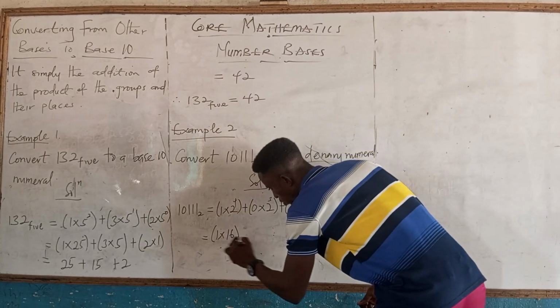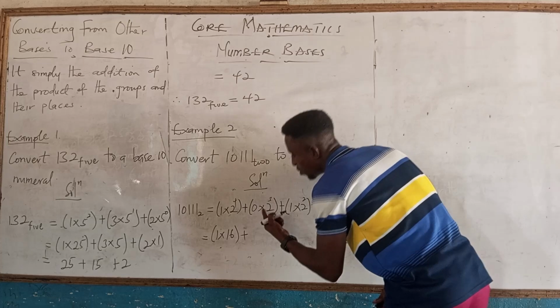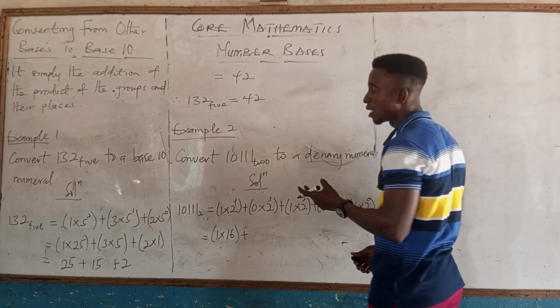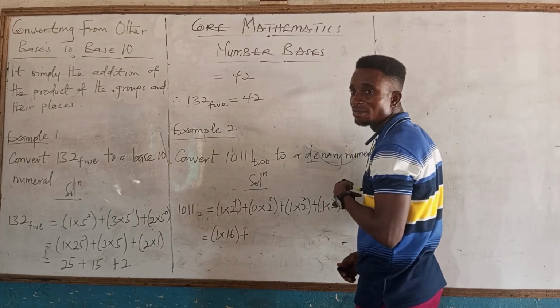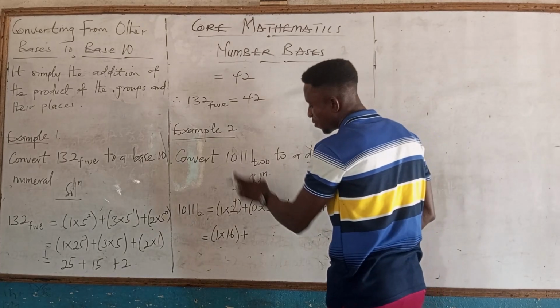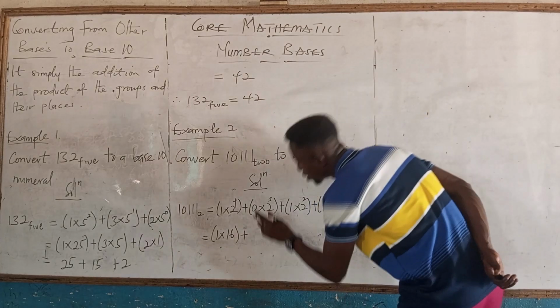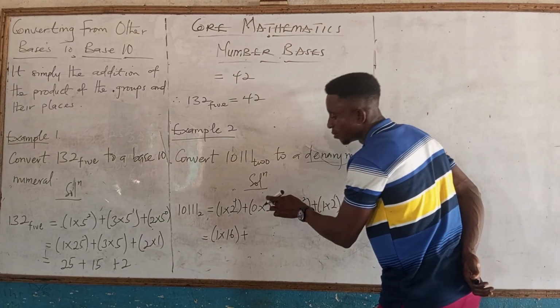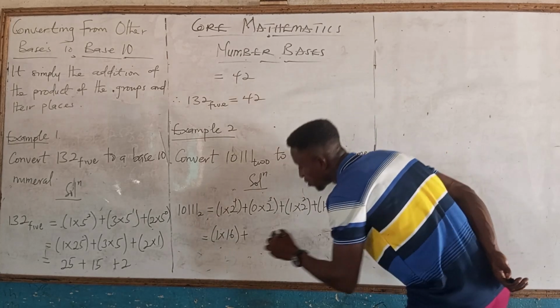So then I'll have plus what? You can choose to write 0 there because since here is 0, everything will go to 0. So most of the time, when we get here, we are not interested in the zeros inside. Are we getting that? But we bring that one for us not to get things wrong. Because immediately we omit that one, the powers or the exponents are also going to reduce and it will affect your calculation.